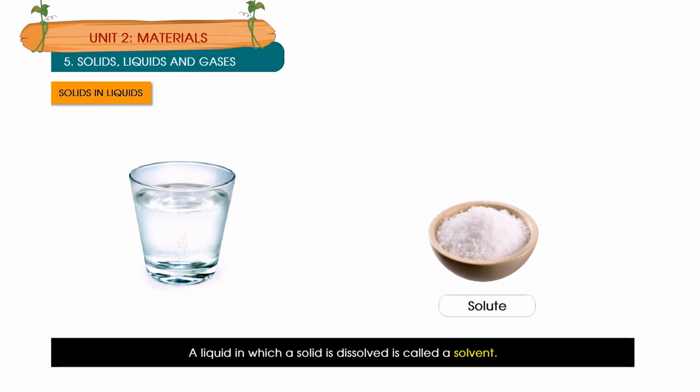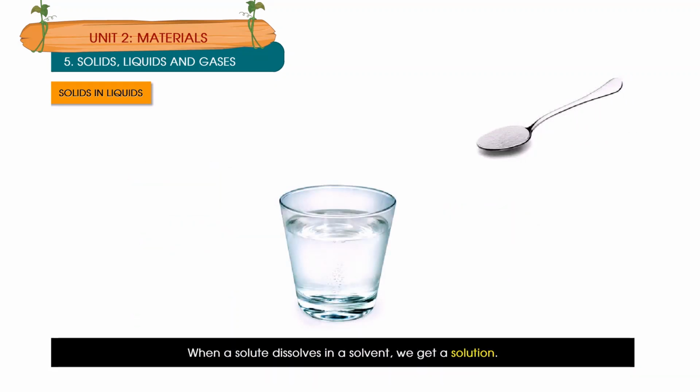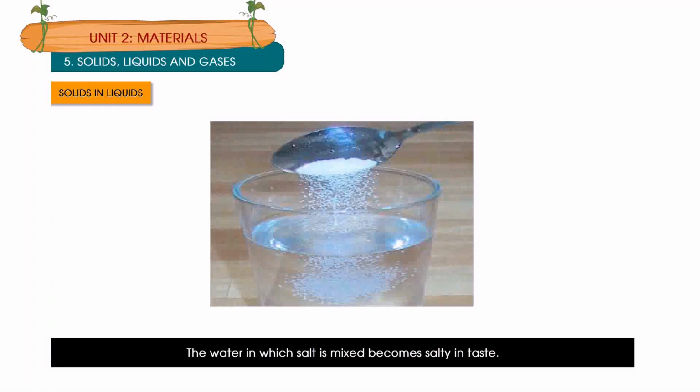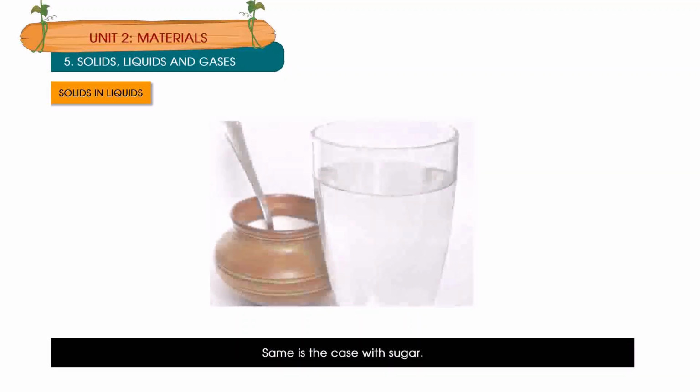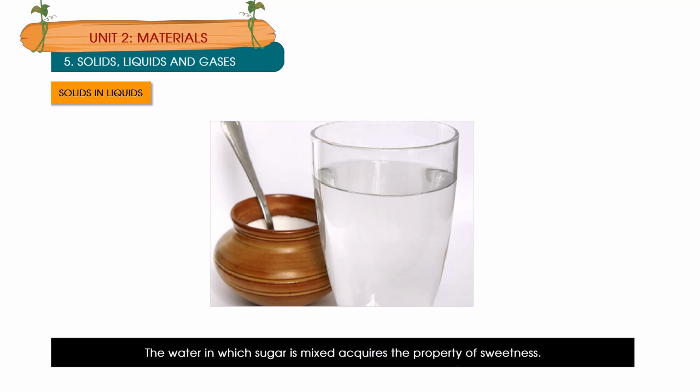A liquid in which a solid is dissolved is called a solvent. When a solute dissolves in a solvent, we get a solution. The water in which salt is mixed becomes salty in taste. Same is the case with sugar. The water in which sugar is mixed acquires the property of sweetness.